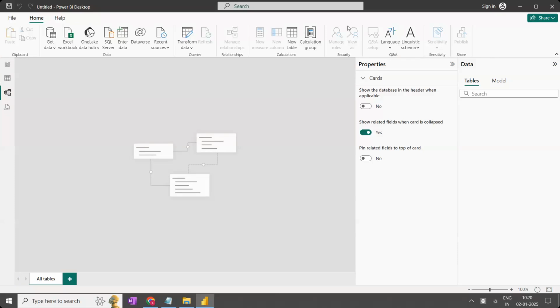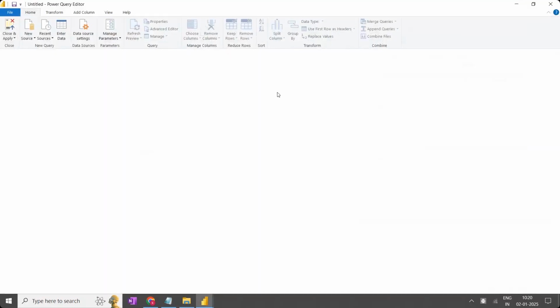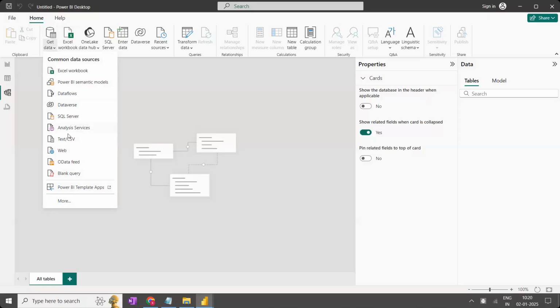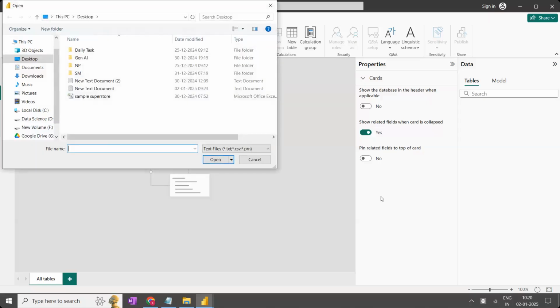Once we connect the database schema, then within the transform we can do the merging. Here, merge queries and append queries are there. Let me load a data set so that I can explain clearly, but in detail we are going to discuss it in tomorrow's class.